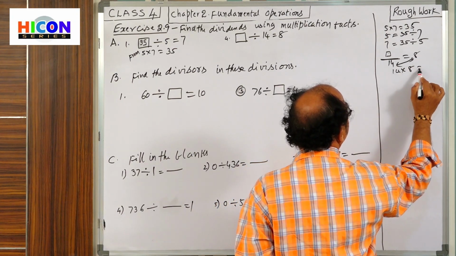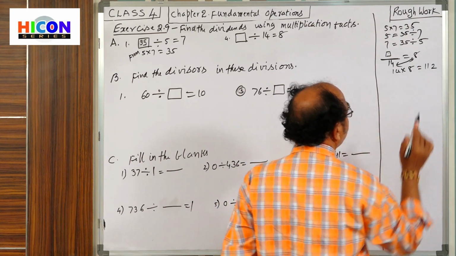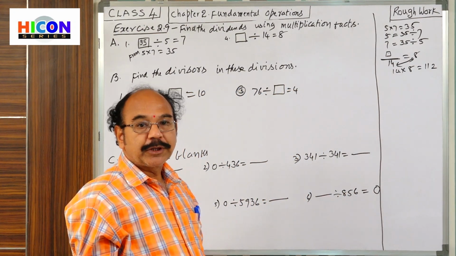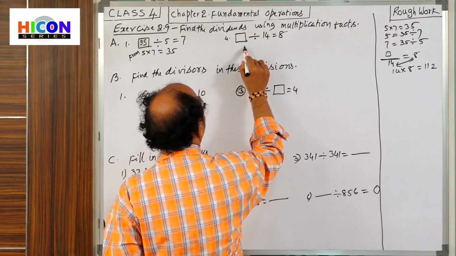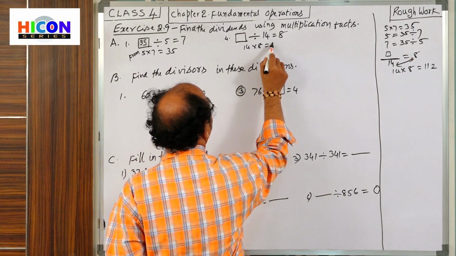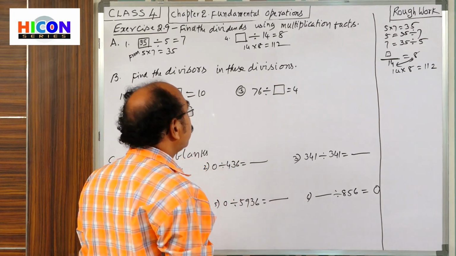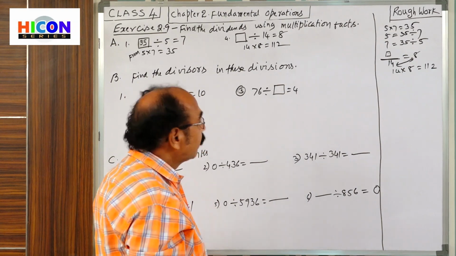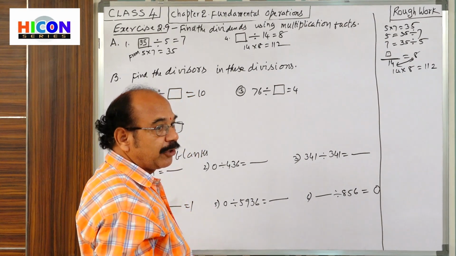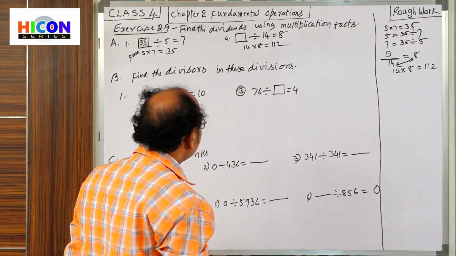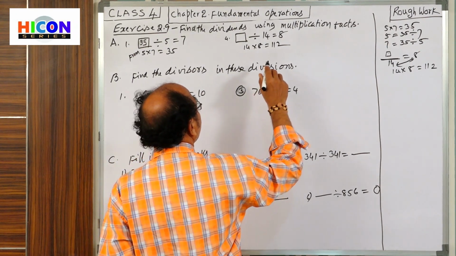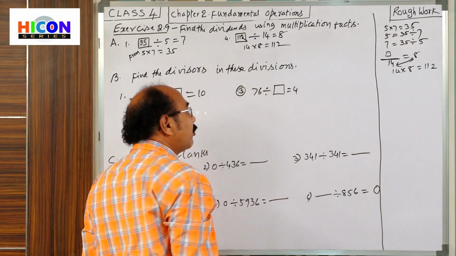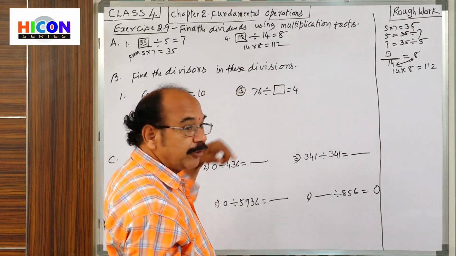14 8s are how much? 112. 14 8s are 112. That is the multiplication fact. You write here 14 into 8 is equal to 112. If you want to get 8, 112 is to be divided by 14. If you divide 112 with 14, then you can get 8.